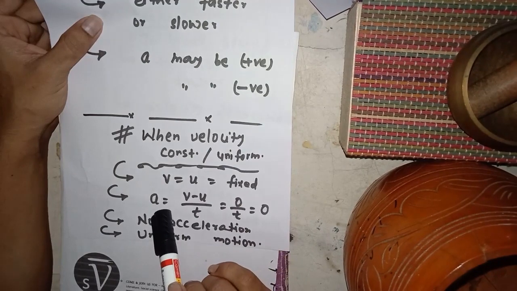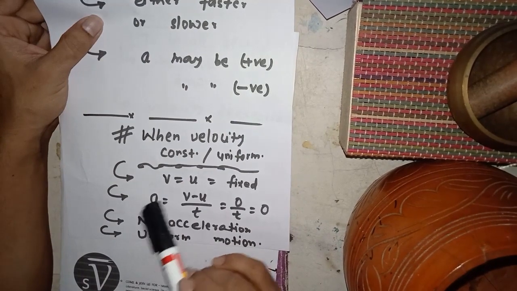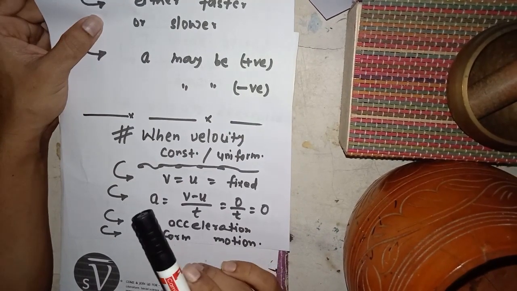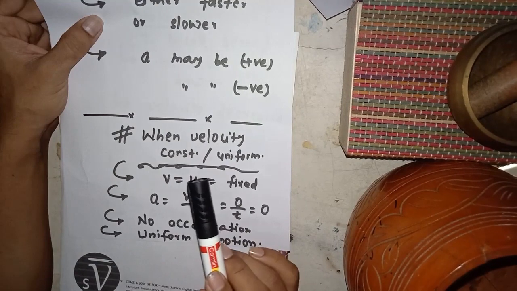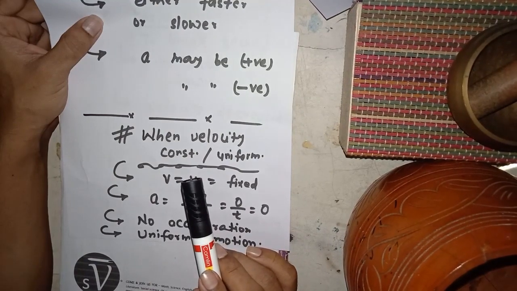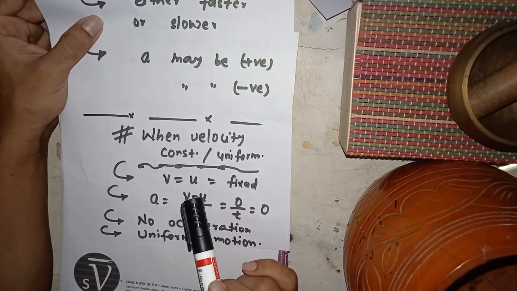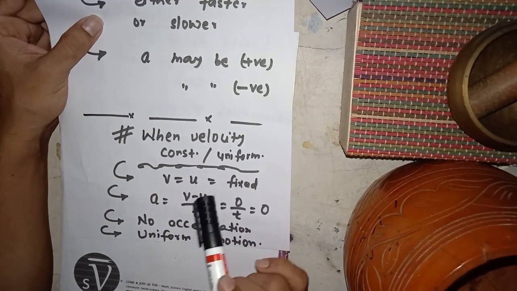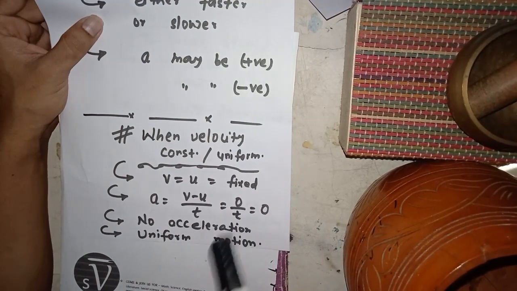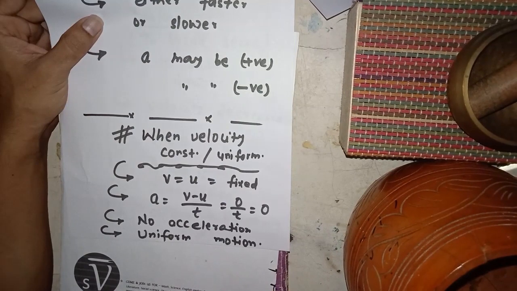So acceleration must be 0 because there is no change in speed. By definition, acceleration is the rate of change in speed, but here there is no change in speed, no change in velocity. That's why acceleration is 0. No acceleration, and this kind of motion is called uniform motion.